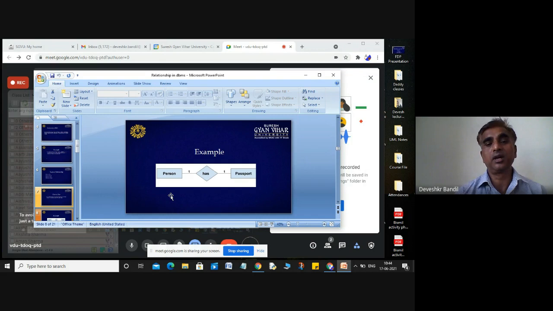The person entity has some attributes like person ID, person name, person address, etc. And passport is the second entity, and this passport entity has some attributes like passport number, etc. Okay, and the relationship between the person and passport is one to one. Also, you can take another example of a one-to-one relationship.